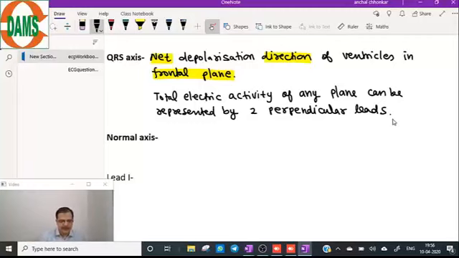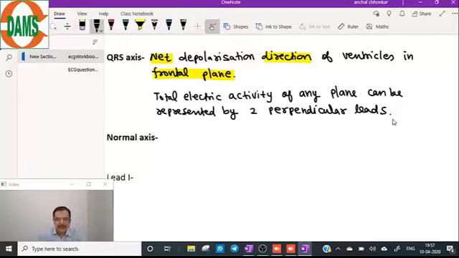It is a basic principle of electrophysiology, that electrical activity moves in different directions in a plane. So the total electrical activity in any plane can be represented by two perpendicular leads. They represent the full electrical activity of any plane.